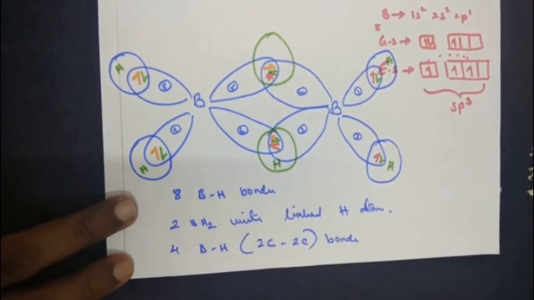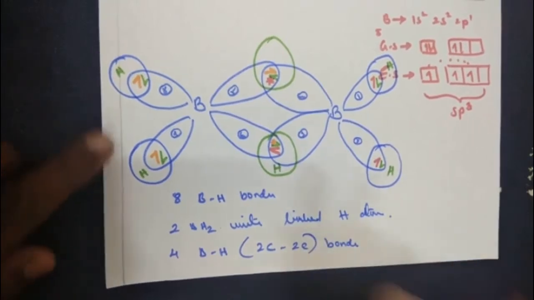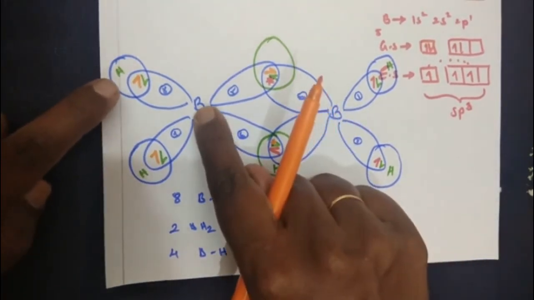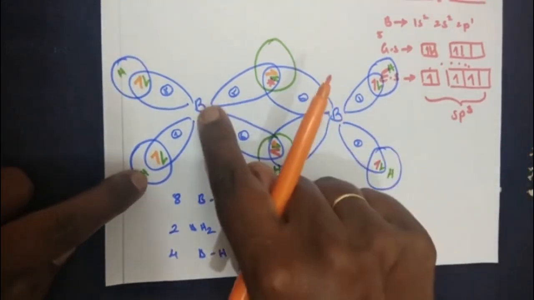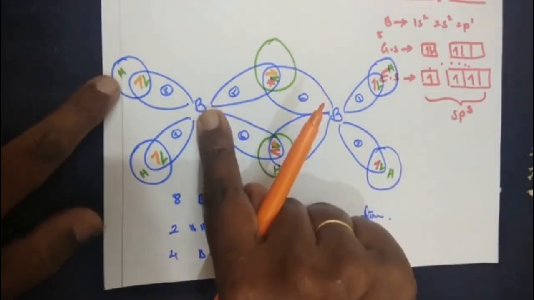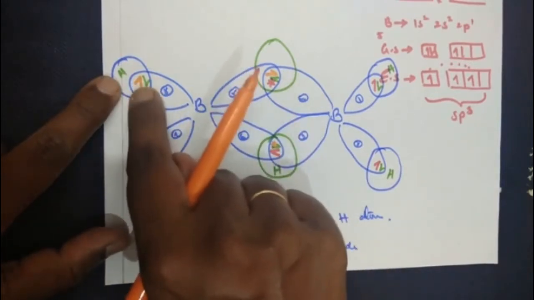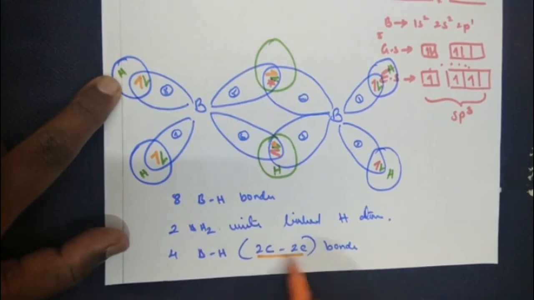What is the meaning of two-centered 2-electron bonds? Boron is 1 center and hydrogen is 1 center, and we are talking about the terminal bonds 1, 2, 3, 4. How many electrons are shared between them? 1 from hydrogen, 1 from boron. So we call them two-centered 2-electron bonds. That is another name for the 4 BH terminal bonds.